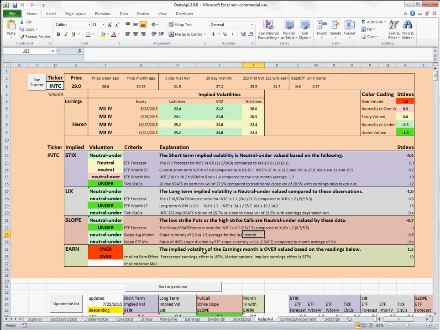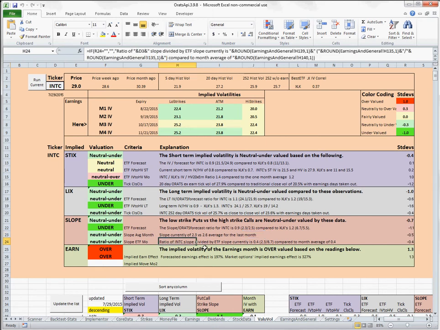And what that 2.3 is, you could think of it as the 50 delta might be 100 volatility, and if it was 2.3, then 102.3 would be the 60 delta implied volatility. And so that is under the average for the month. And then the ratio of the Intel slope divided by the ETF slope is 0.4. Due to rounding, that's slightly undervalued as well.